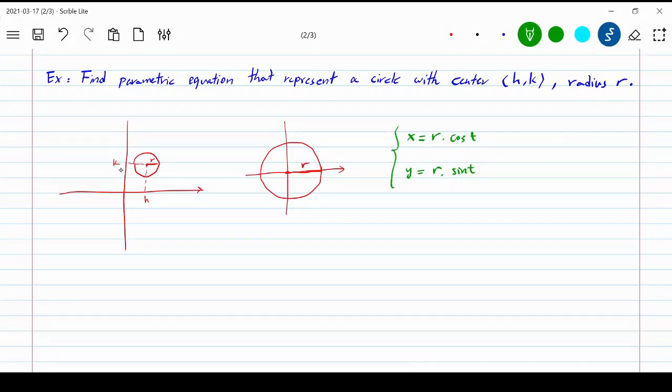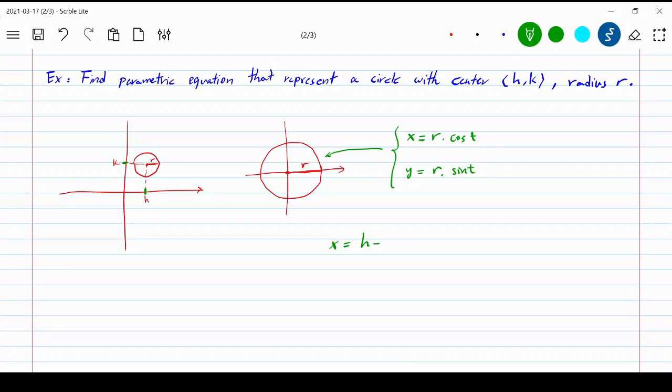But what if the center was not 0, 0? What if it was at h and k? h is the corresponding x coordinate, k is the corresponding y coordinate. So what I'm going to do is shift this circle with the center 0, 0, up k units and right h units. So here, what would be the representation?